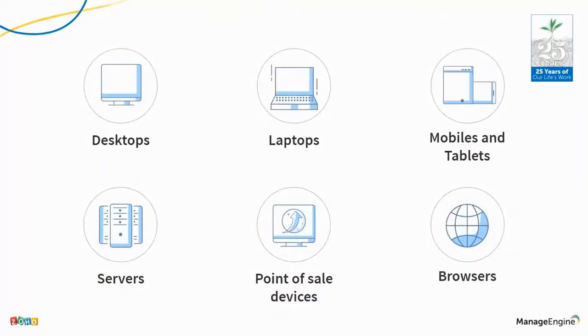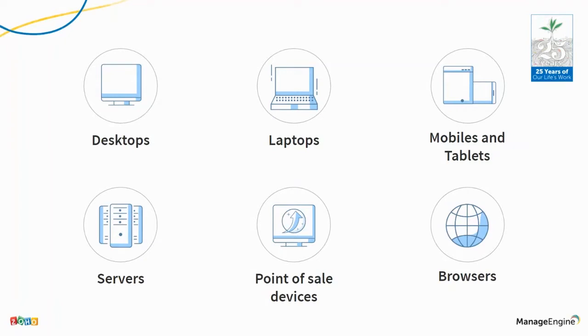What are the devices that Desktop Central can manage? Now, we can manage desktops, laptops, mobile devices, tablets, server operating systems, point of sale devices, browsers as well. These are the different devices that we can manage. And browsers being an important aspect today, we have a lot of cloud-based applications that we are opening, which means the browser has become a biggest tool or indispensable tool for us to access business applications.